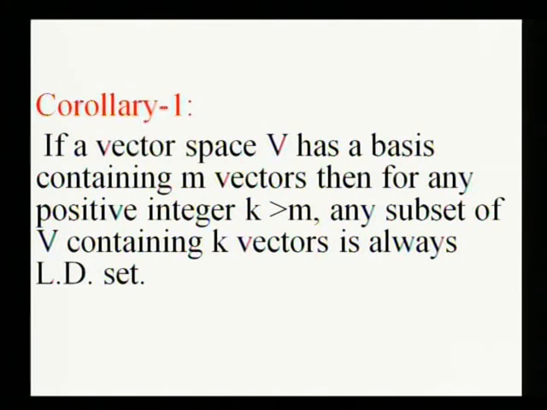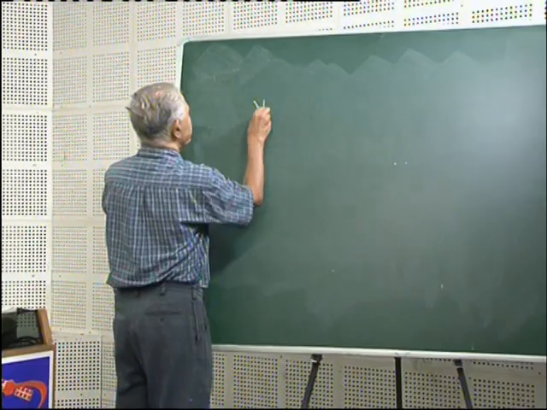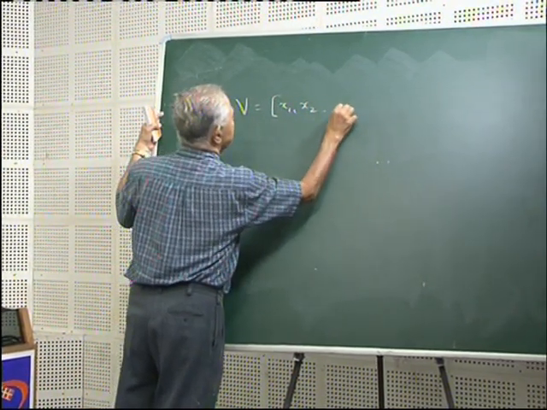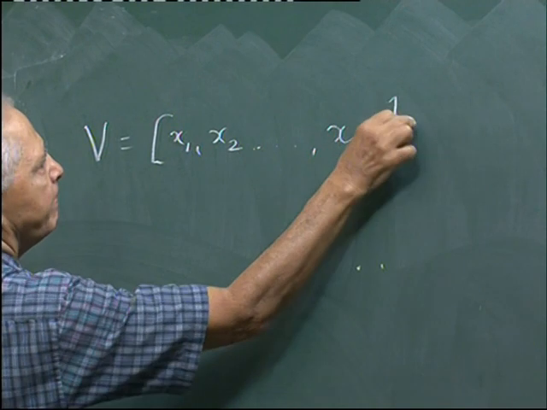If a vector space V has a basis containing m vectors, then for any positive integer k greater than m, any subset of V containing k vectors is always linearly dependent. Since it is a basis containing m vectors, the whole space V is spanned by the m basis vectors x_1 to x_m.